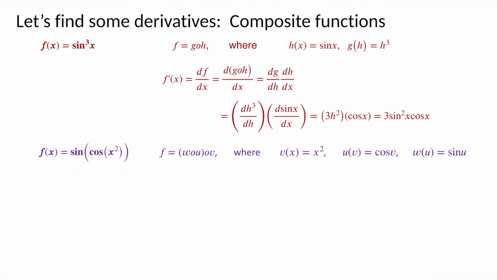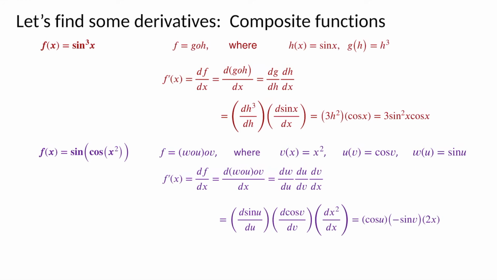And then you might have guessed the derivative of f could be written as the product of these three derivatives, dw by du multiplied by du by dv multiplied by dv by dx. And you can see here again that dv gets cancelled in the numerator and denominator, likewise du gets cancelled, and what we are left with is dw by dx, which is the original expression.